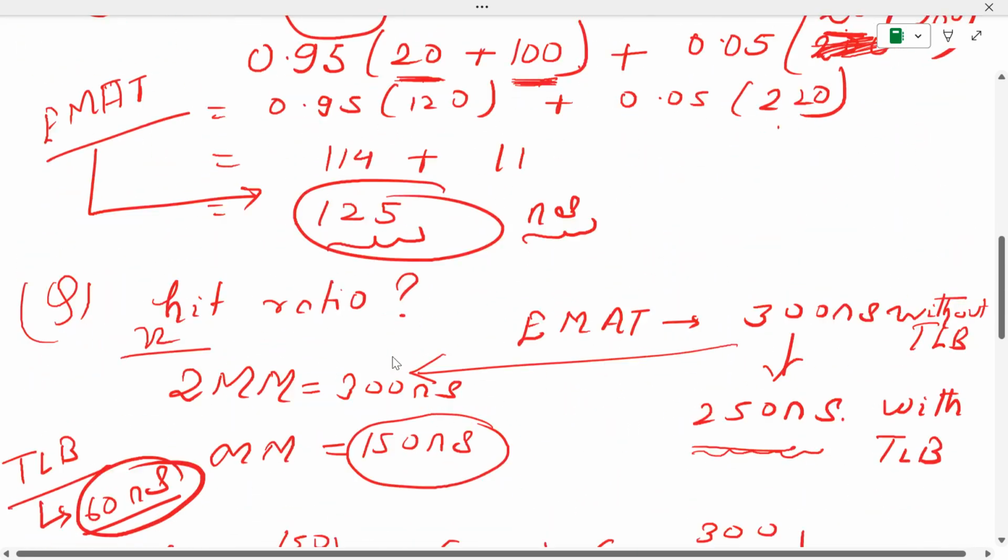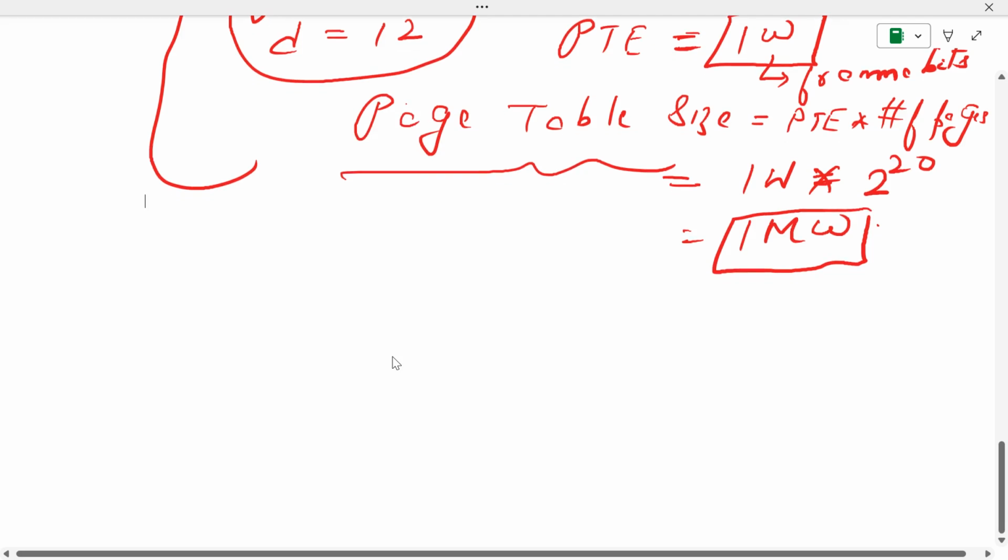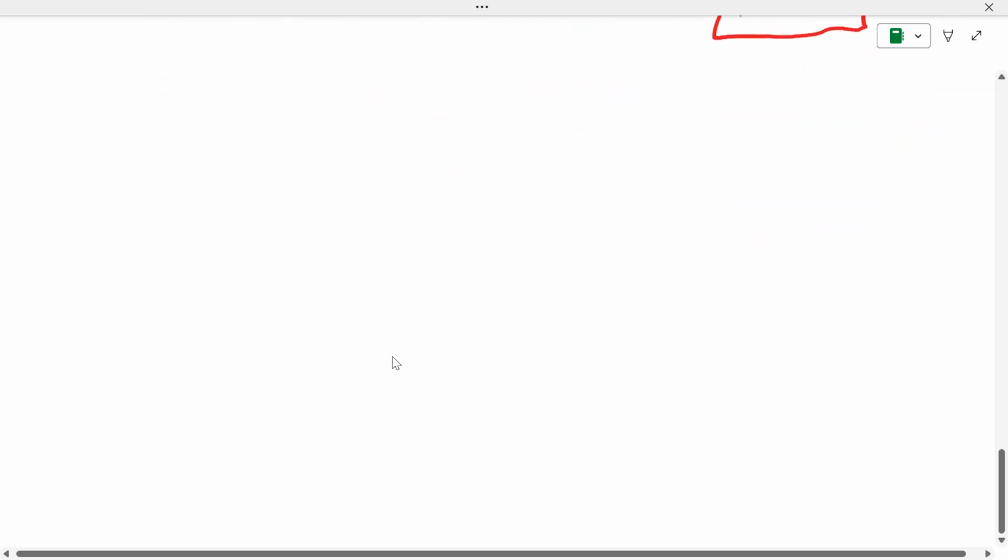And just to recapitulate, or sorry, revisit the part of performance of paging, I'd like to illustrate it once again so that the concept is clearer, how we are reducing the memory access time with the help of TLB. So case 1 is we don't have the TLB, TLB not present.